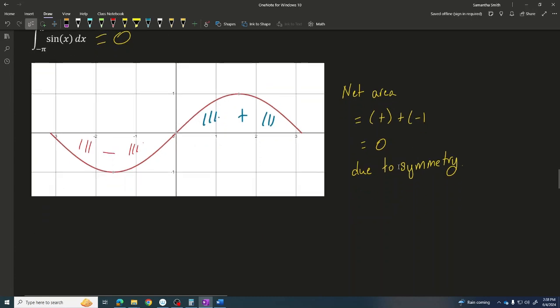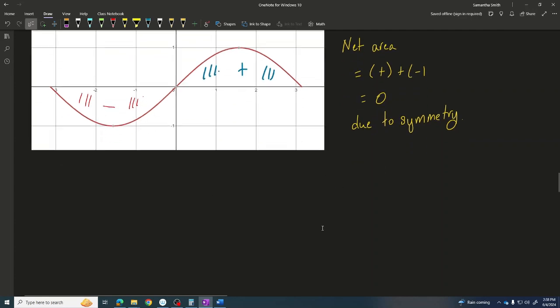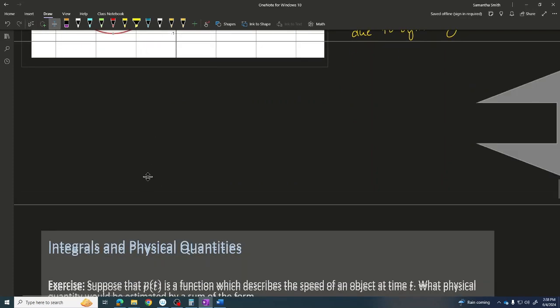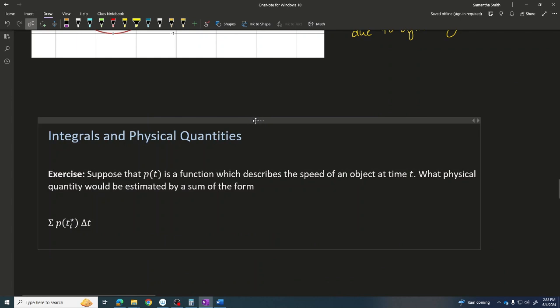Temporarily moving on from the graphical significance of the integral, I want to talk about the real-world applications of the integral. In season 1, we saw that the Riemann sum had many physical applications, many physical quantities that the Riemann sum was used to find, and therefore, because there is a connection between Riemann sums and integrals, we should also be able to use integrals to find physical quantities.